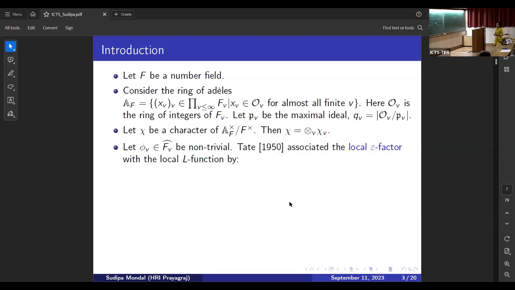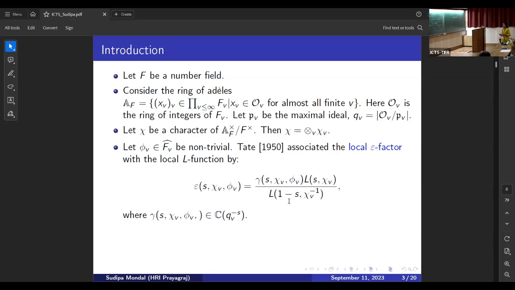Okay, now fix a place v. And consider the additive group F_v, and consider an additive character phi_v. For now, take phi_v to be non-trivial. Then take the associated local epsilon factor with the local L function by this formula, where L(s, chi_v) is the local L function associated to the character chi_v.